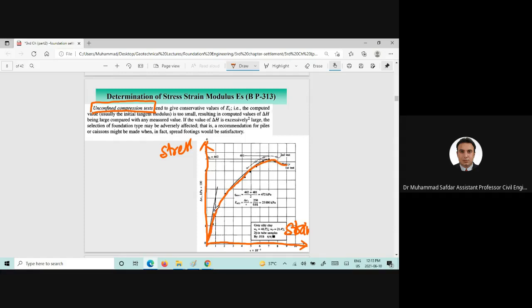Then if you want to find the initial tangent modulus, or the modulus at a particular strain level, using this equation you can easily find the modulus of elasticity from the unconfined compression test.